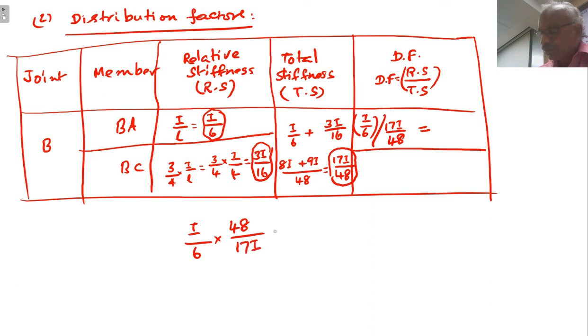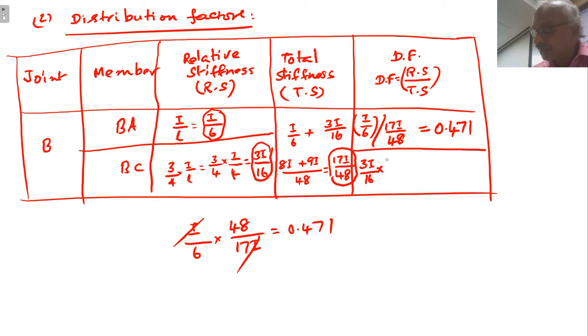As I told you, you will have to open a bigger tabulation so that these calculations are done in the tabulation itself. Here, for want of space, I am just taking it like this. That gives a value of 0.471.